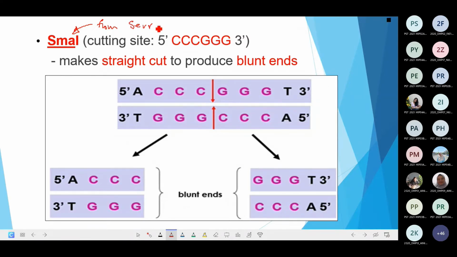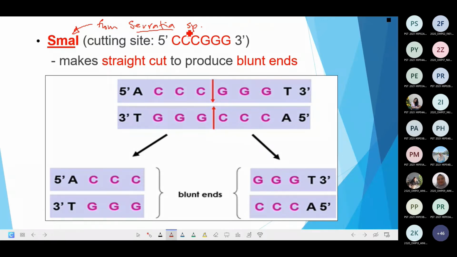I'm not very sure about the spelling of the species name, Serratia marcescens. If I'm not sure about the full scientific name, I will write it as Serratia species, to be on the safe side.